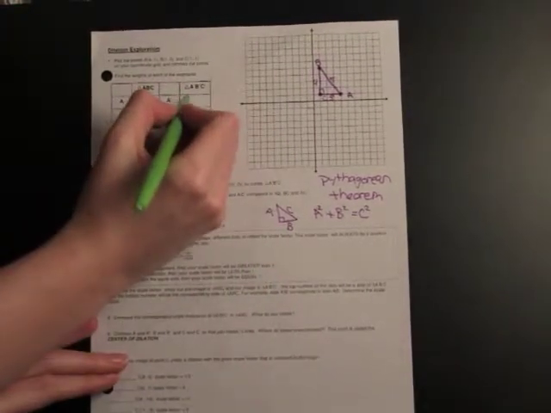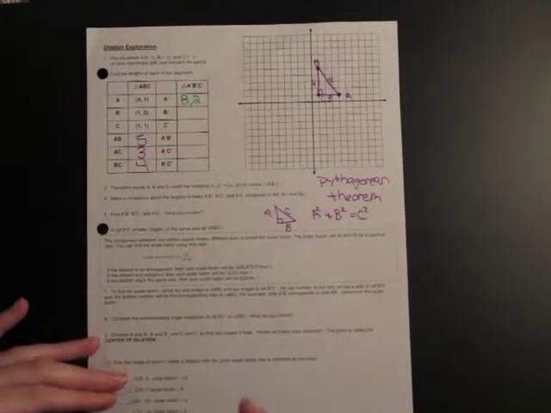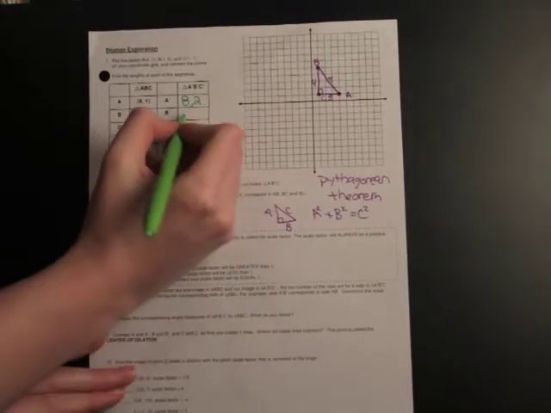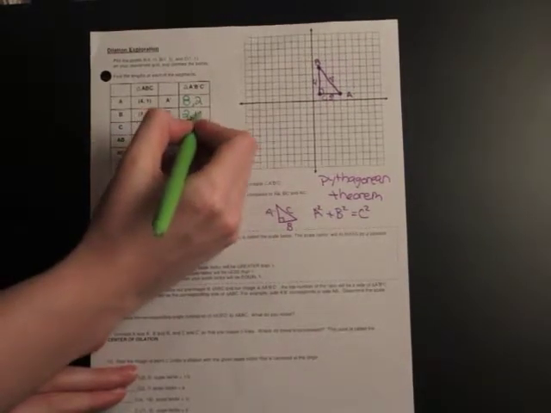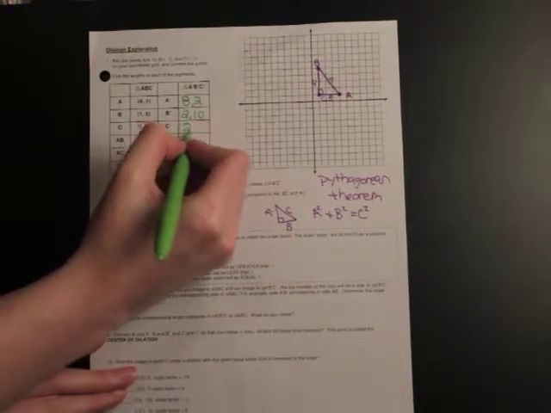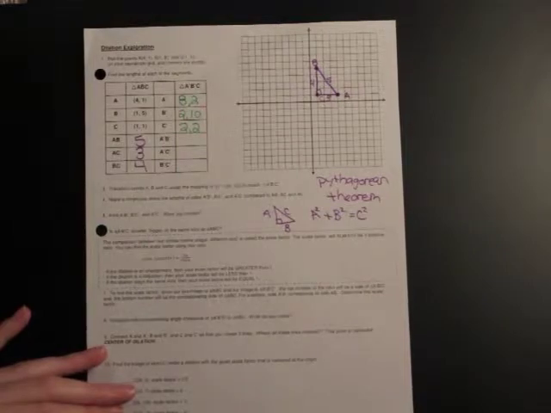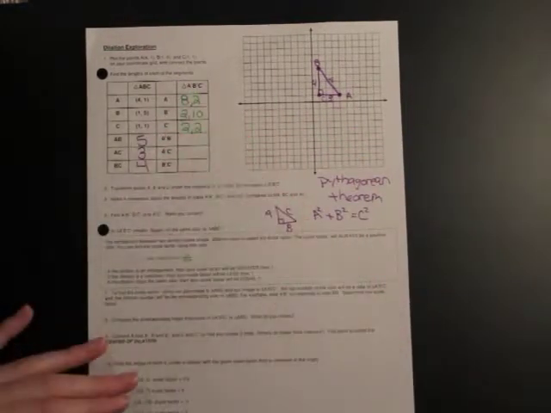So it's going to become 8, 2. B prime is going to be 2, 10. And then C prime will be 2, 2.